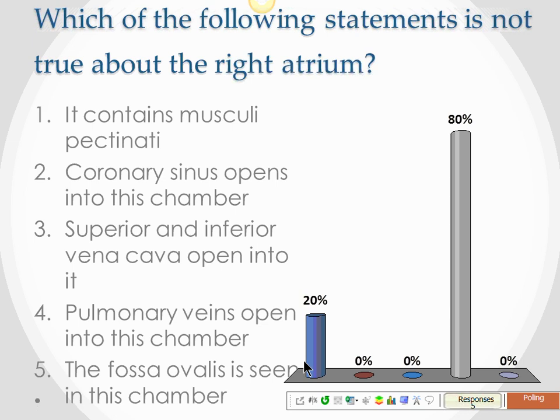Okay, yes, most of you got it right. Pulmonary veins, they don't open into the right atrium. Remember, they are opening into the left atrium. It does contain musculi pectinati. Both atria contain musculi pectinati. That was the rough part of the atrium. So this is a correct statement. This is incorrect. This opens into the left atrium.